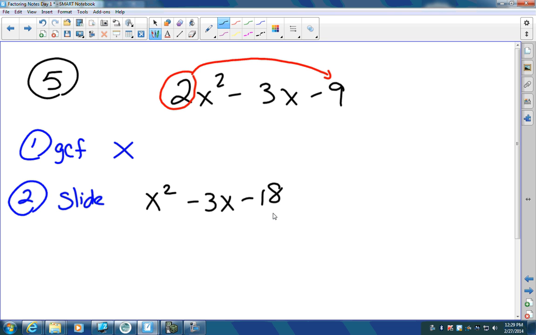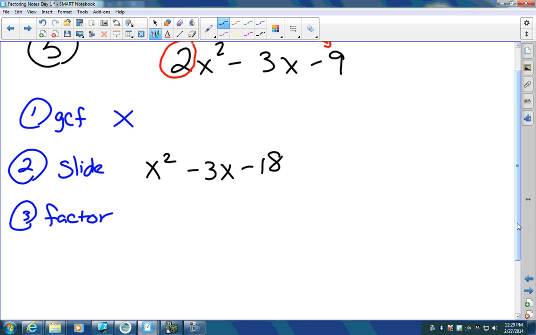Okay? So I slid. Now I need to factor. So that means that I split it up, and very easily I always split up my x and x first. Now, what factors am I looking for? The factors of what number?